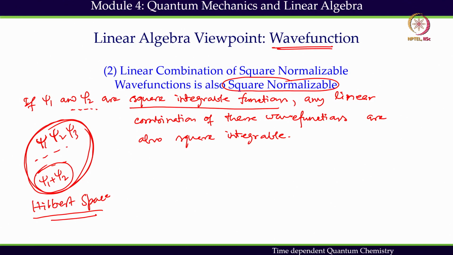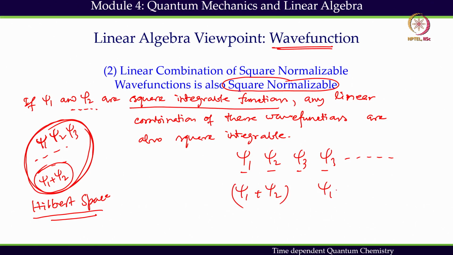Because one defining condition of Hilbert space is that both functions and their linear combinations should be part of that Hilbert space. And if it is so, then if I have individual solutions psi 1, psi 2, psi 3 dot dot dot, and each one is square normalizable, then I should have another solution psi 1 plus psi 2, that would also be square normalizable.